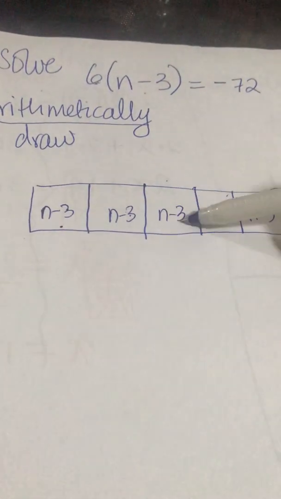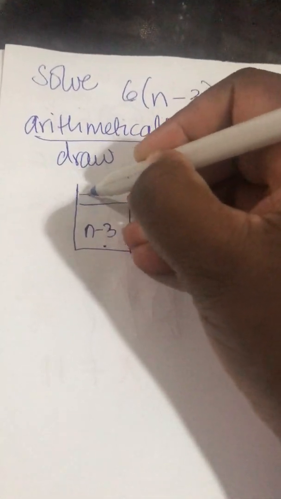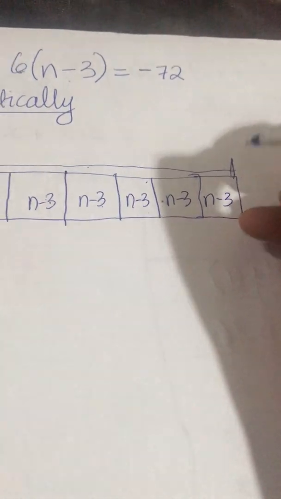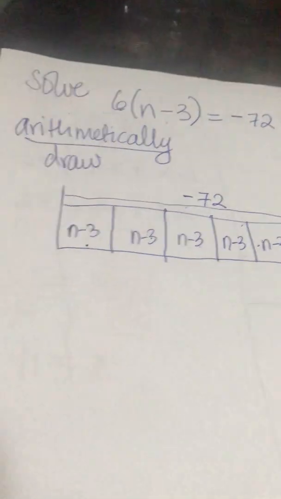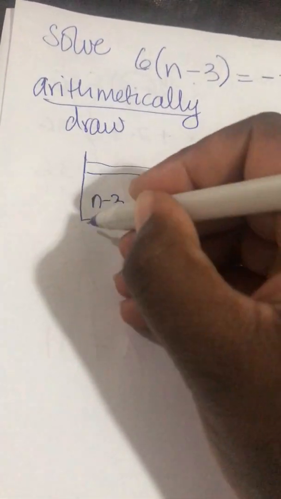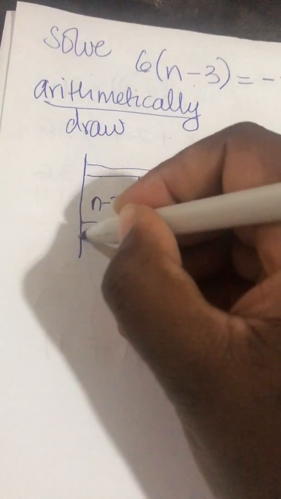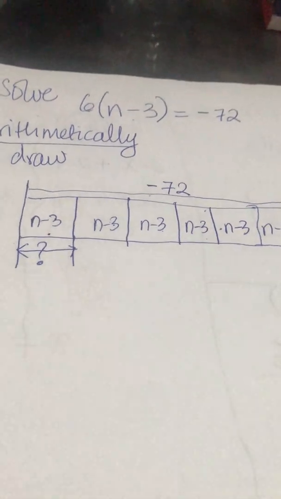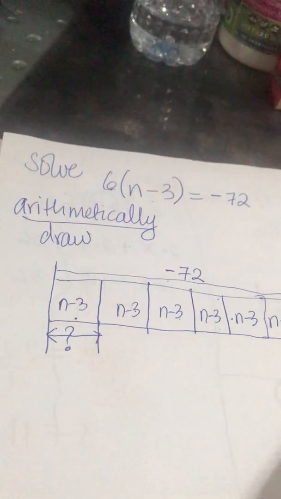Then the distance from here all the way to the end is negative 72. And the question wants you to find the distance from here to here. That's what you do when they ask you to draw or arithmetically.